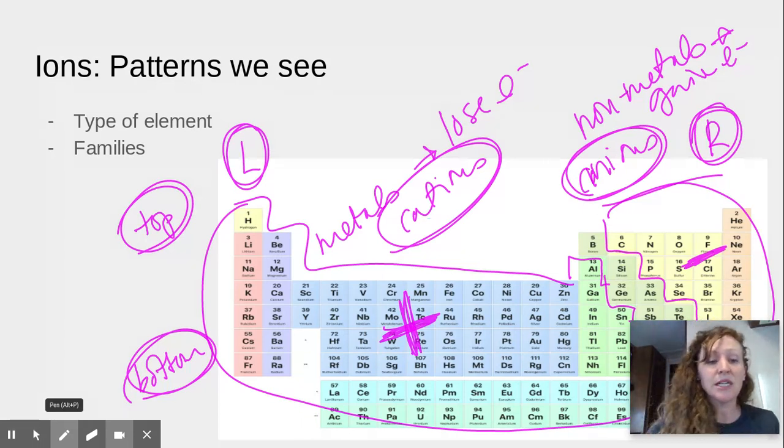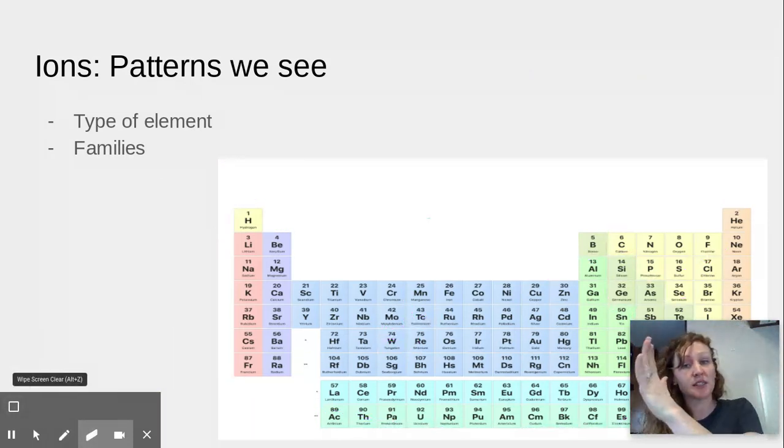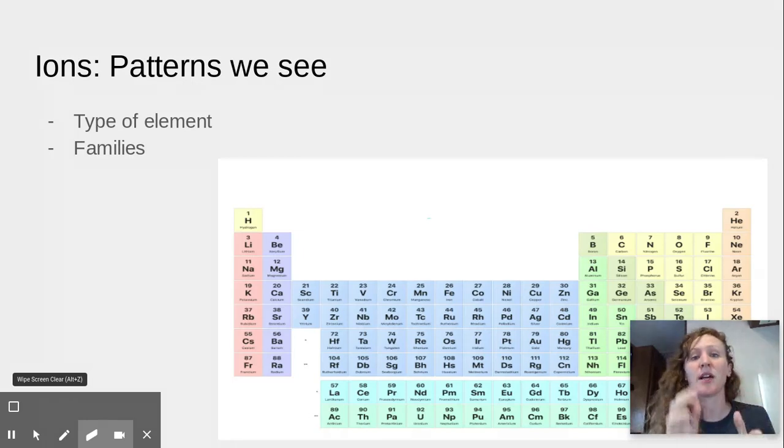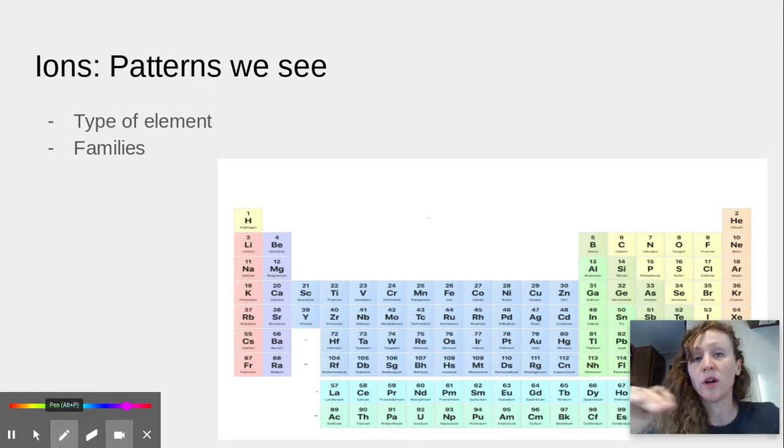Same with families. We talked about how families have very consistent valence electrons. That means they have very consistent ion charges that they form also. So we could go ahead and label the tops of the families with the types of ions they form.